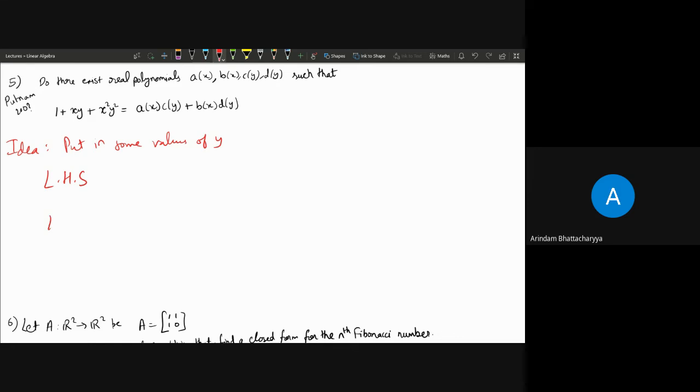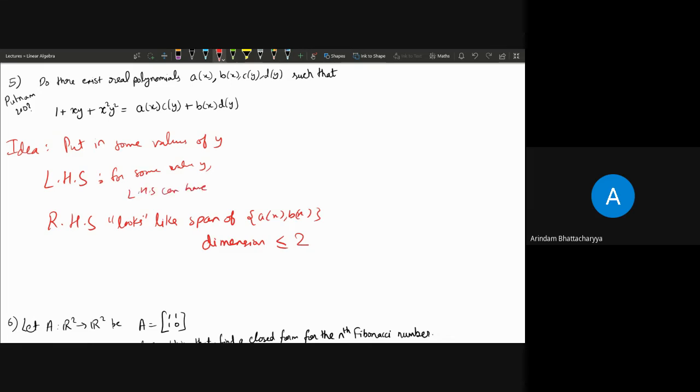The LHS, the RHS looks like the span of A(x) and B(x), so dimension less than or equal to 2, and the idea is to show that for some values of y, the LHS can have larger dimension.